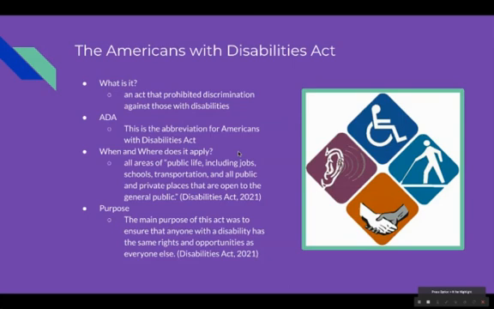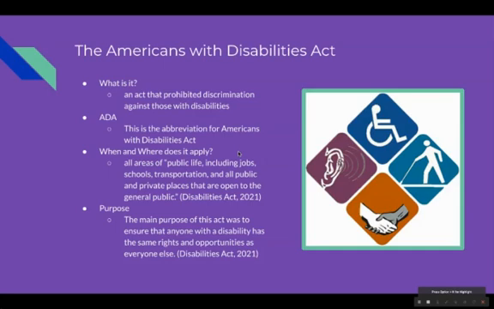The first act that we are going to go over is the Americans with Disabilities Act. This act was put in place to prohibit discrimination against those with disabilities. It is abbreviated as ADA, which can be a common form to find it in when researching or reading about it.